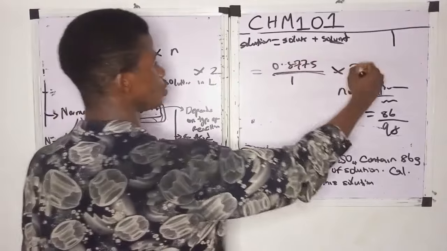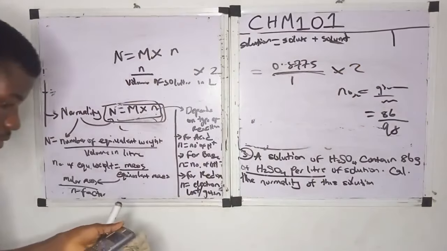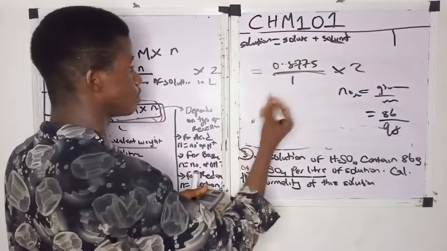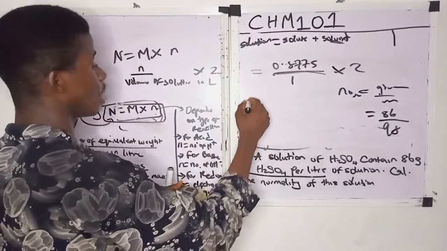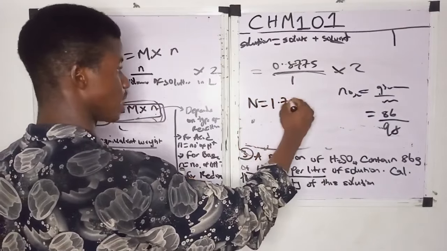Then times, don't forget this 2. When we multiply it, our normality is 1.755.